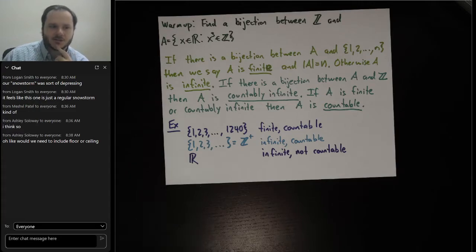Floor or ceiling is a possibility. Floor or ceiling might get a little bit messy because I want to make sure it's a bijection. So I want to make sure it's injective, that it's one-to-one. Floor and ceiling, probably possible, but can be a little bit tricky.